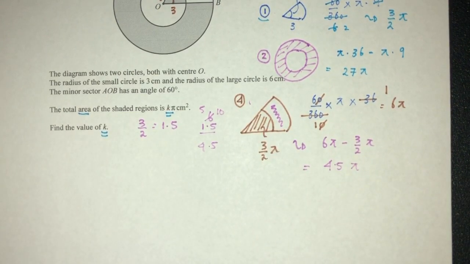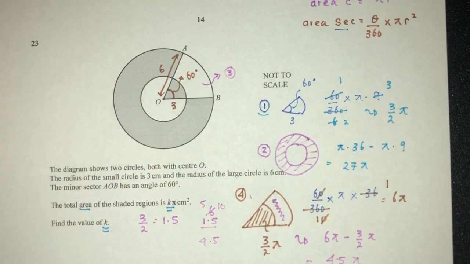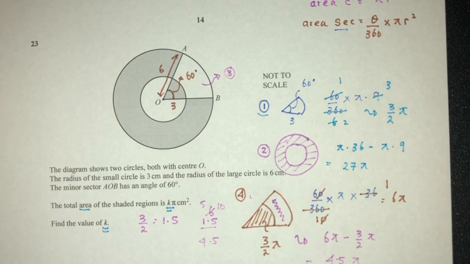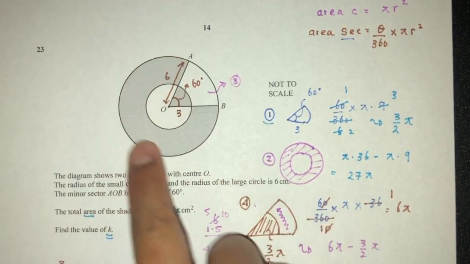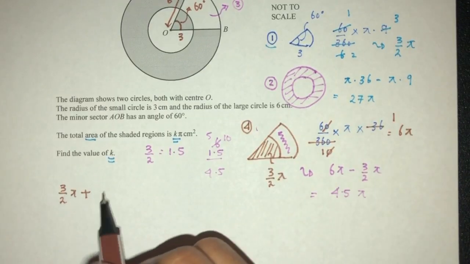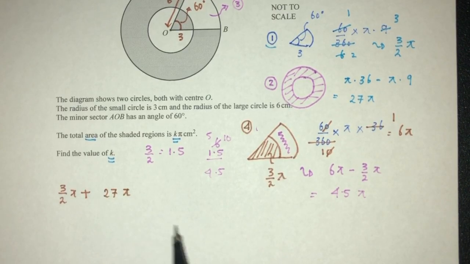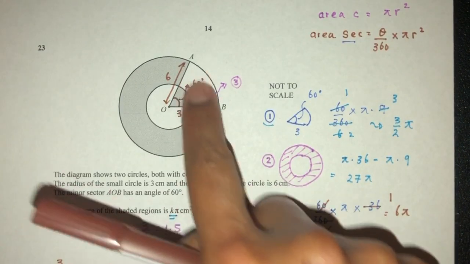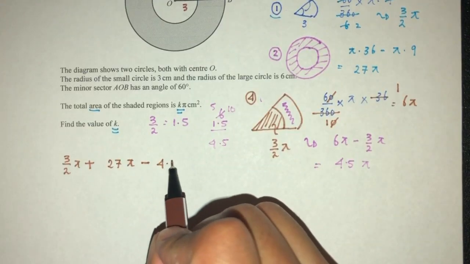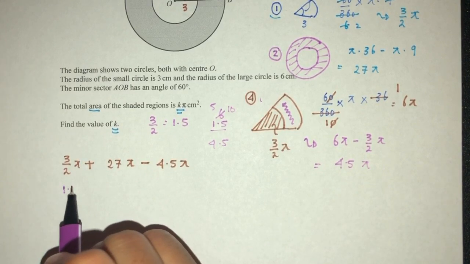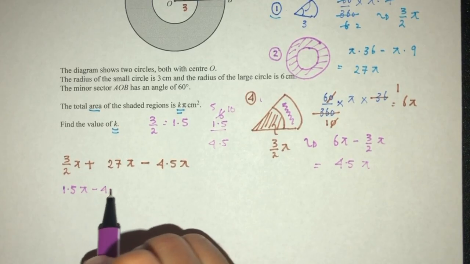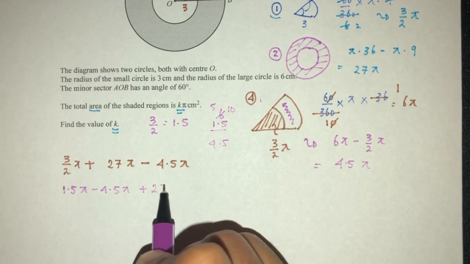So finally, to find the area of the shaded region, we need this one inside, the small one, that should be 3 over 2 pi, plus the one outside, this one, 27 pi minus the one that we don't need, which is 4.5 pi. That makes sense, right? So let's see what happens. This is 1.5 minus 4.5 plus 27 pi.